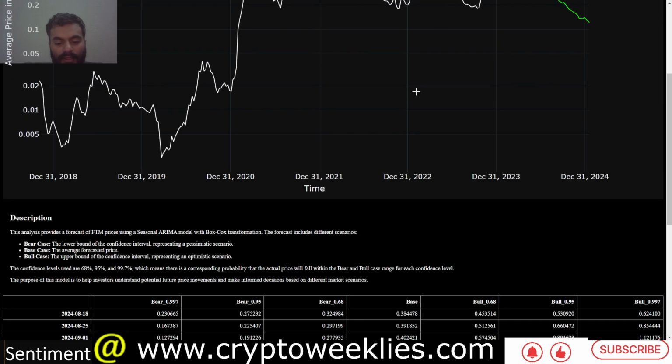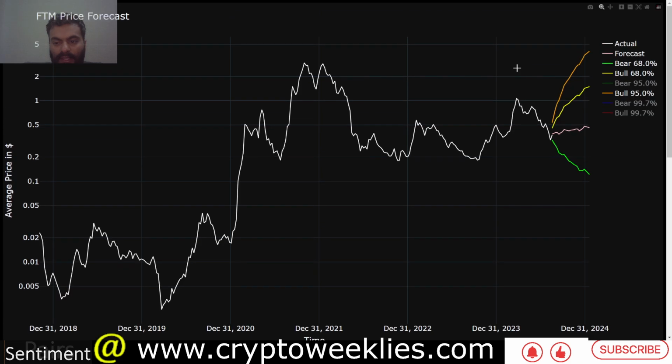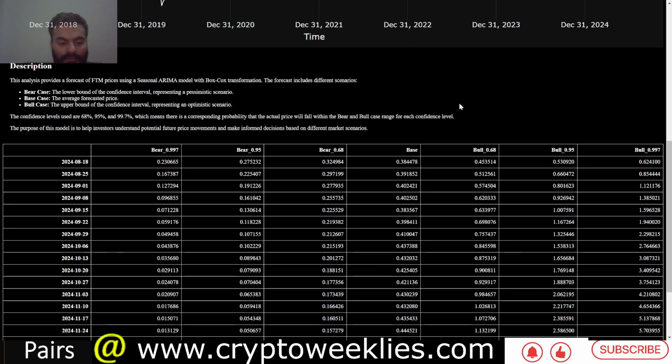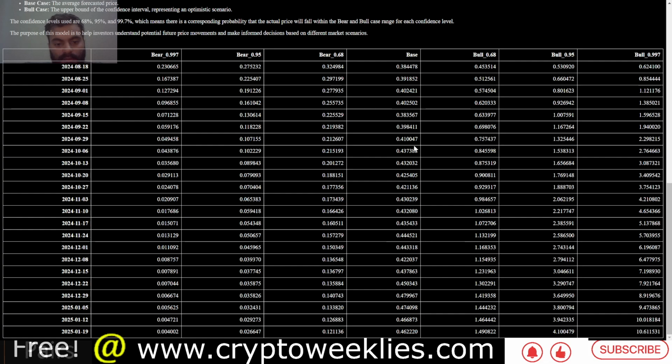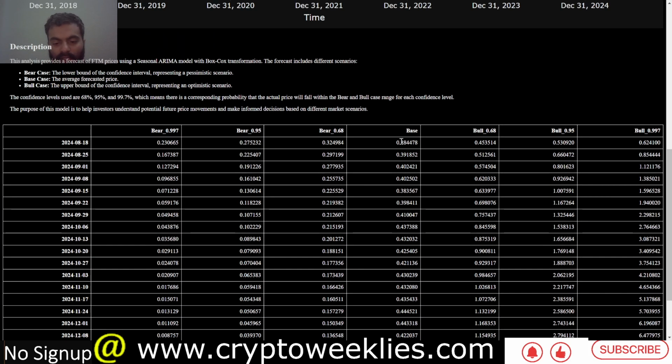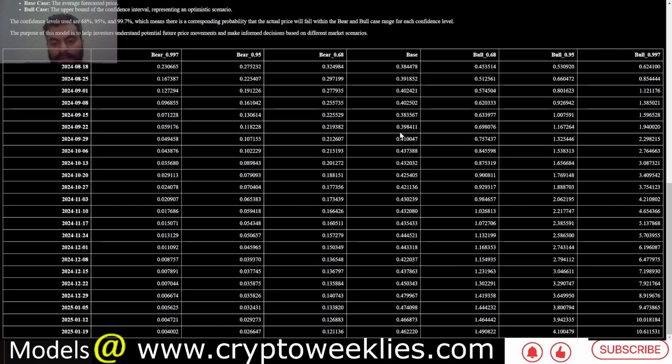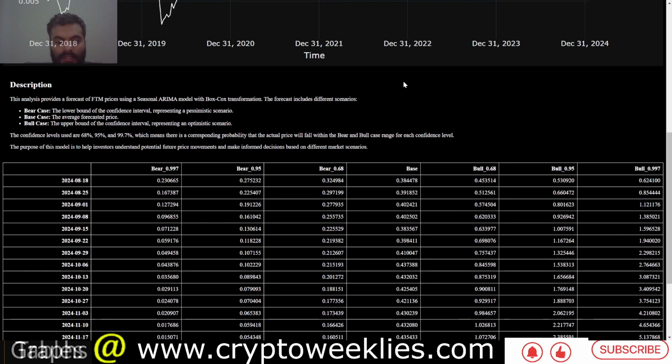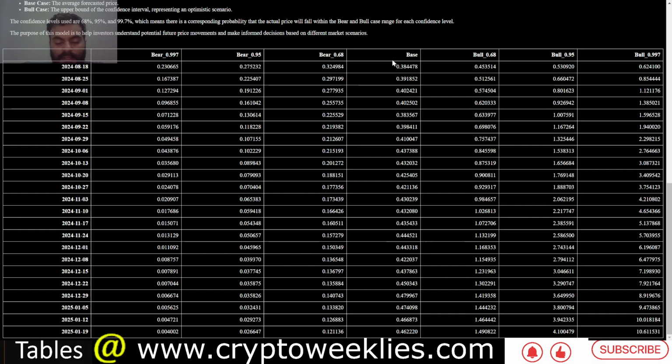And if you are interested in tabular values for week by week forecasts for Fantom, they are also available on this chart. The link to the chart and the website is on the bottom of your screen, cryptoweeklies.com, and we have data for almost all of the top 100 cryptos by market cap, and their regression analysis, machine learning based forecast and accumulation strategies.